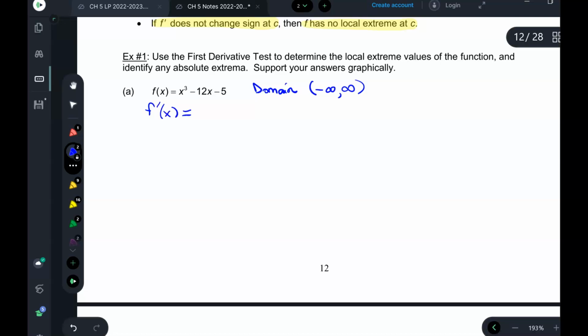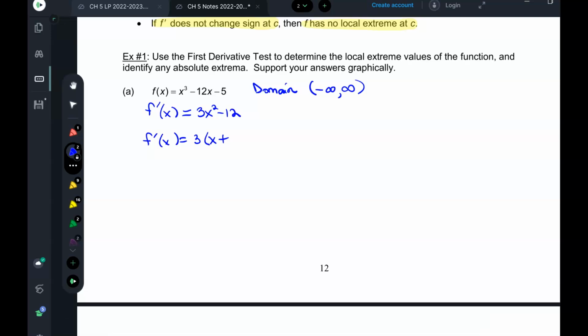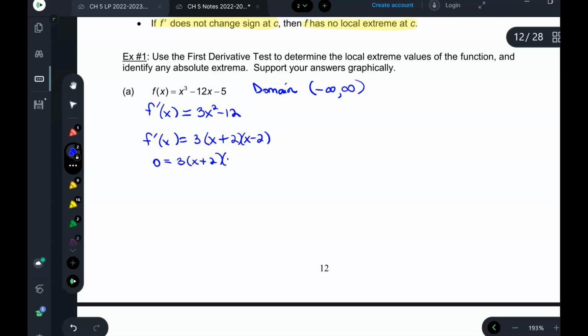Then we want to find the derivative: 3x squared minus 12. I'm going to factor it. If we factor out the 3, it'll be x squared minus 4, so 3 times (x plus 2)(x minus 2). Good. What are my critical points? Negative 2 and positive 2.